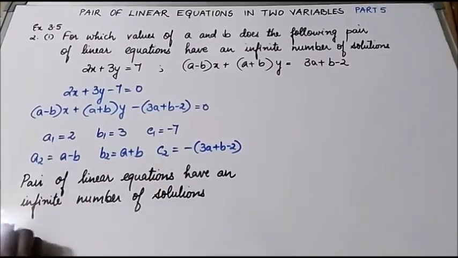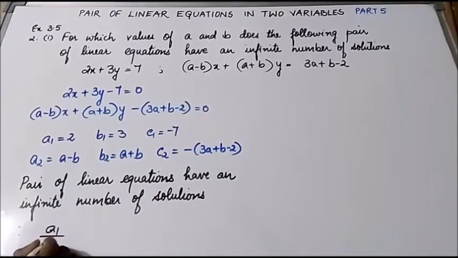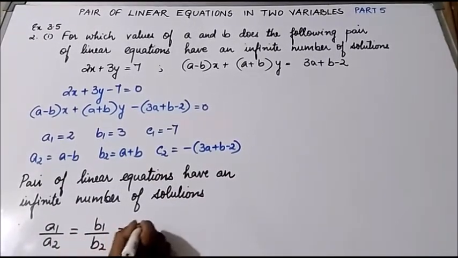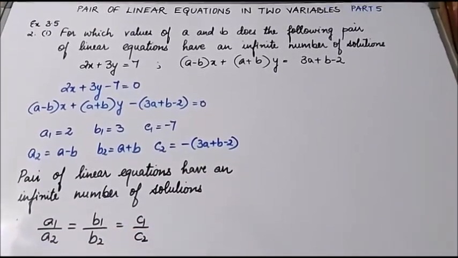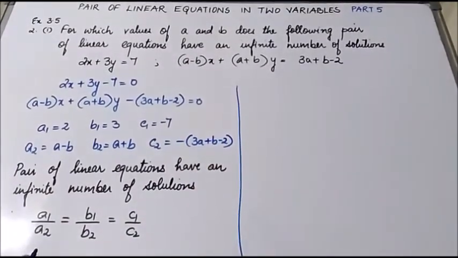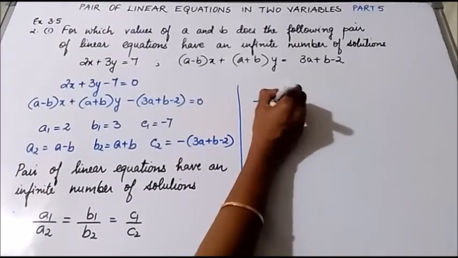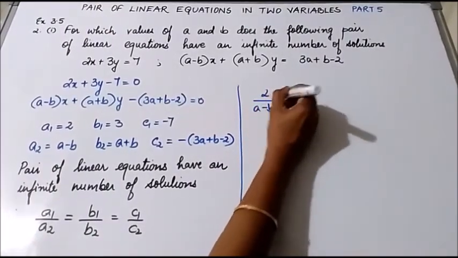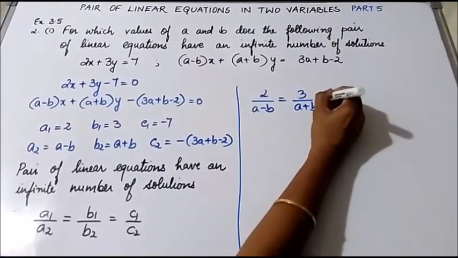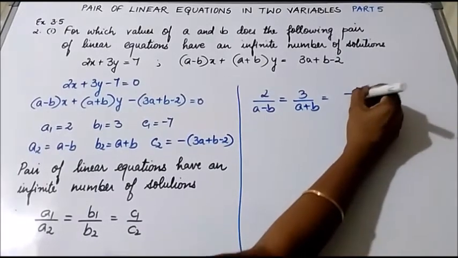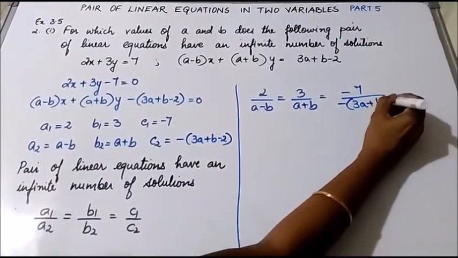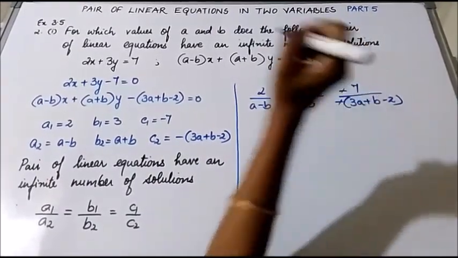We get a1 by a2 is equal to b1 by b2 is equal to c1 by c2. Now let us substitute. You will get here 2 by a minus b is equal to 3 by a plus b is equal to minus 7 by minus into 3a plus b minus 2. Here minus and minus will get cancelled.